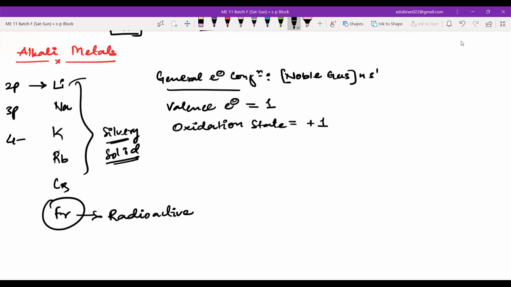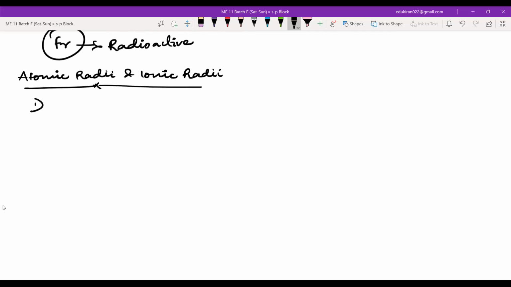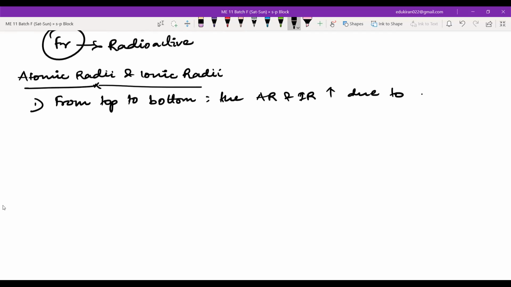Now moving on to the atomic radii and the ionic radii. From top to bottom, the atomic radii and ionic radii increase due to new shells.